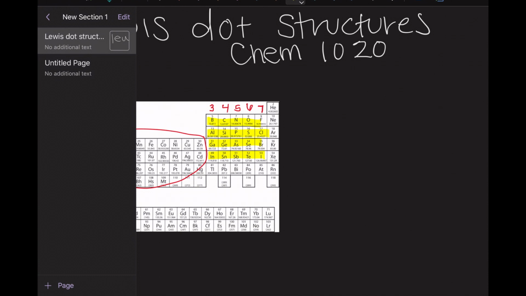So, let's talk about how we would go about writing a Lewis dot structure. To begin with, we need to count the number of valence electrons of every atom involved. We can just simply look at the periodic table to do this.